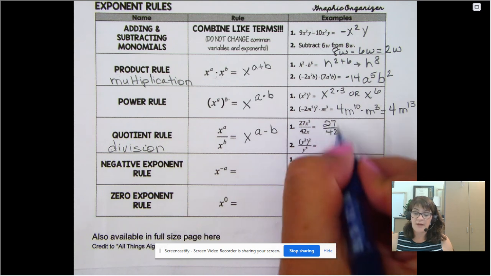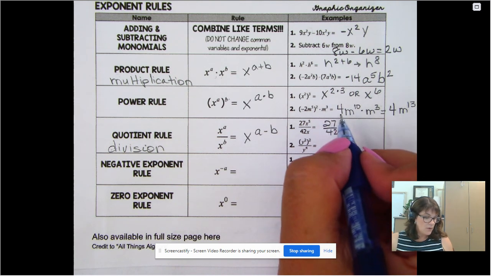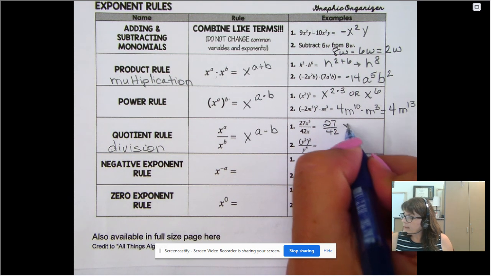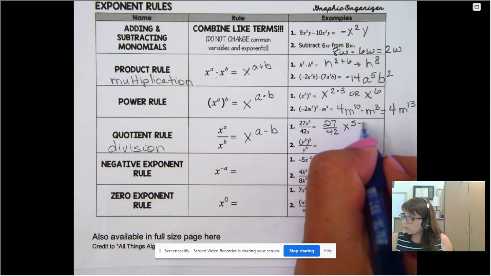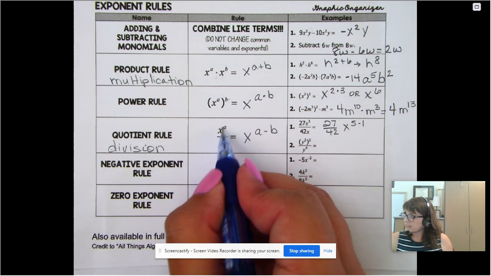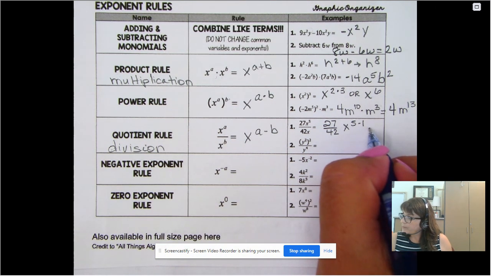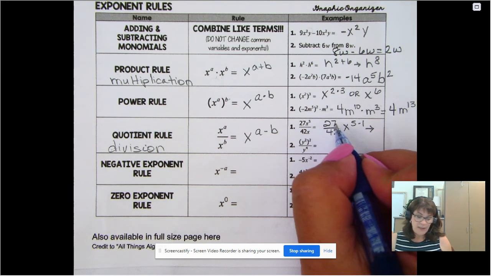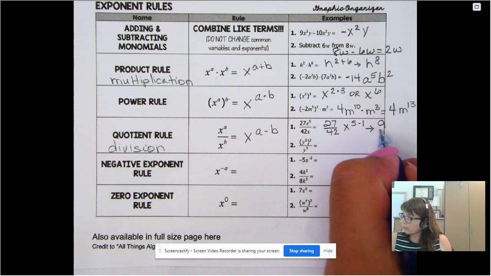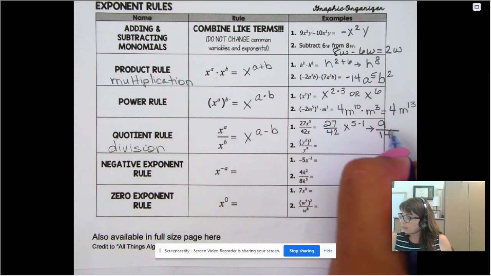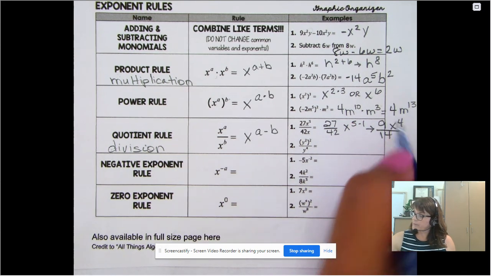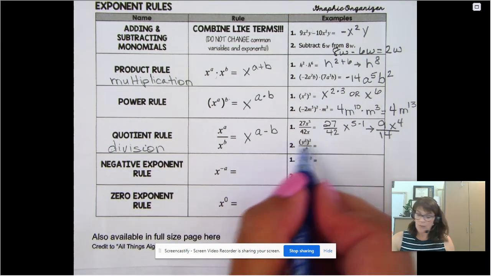We're going to simplify this fraction. And x to the 5 minus 1, because I'm taking the exponent up here and subtracting the one down here. And that's going to get me 9 over 14. And on the top here, I'm going to be left with x to the 4th power. Okay, I want you to try that one on your own.